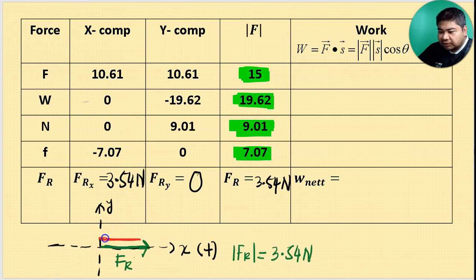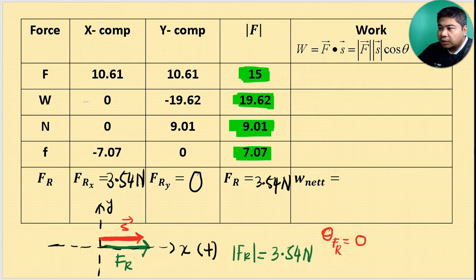Now I'm just going to quickly draw the displacement vector. The object is moving in the positive x direction. From the drawing, we know that the angle between the resultant force and the displacement is 0. This will become important in just a bit.